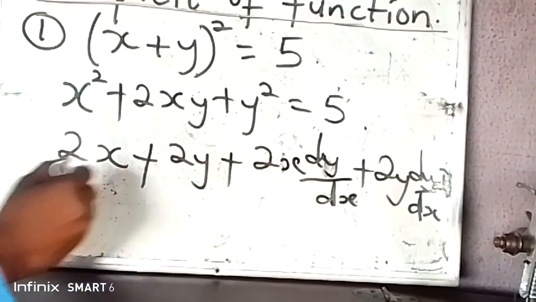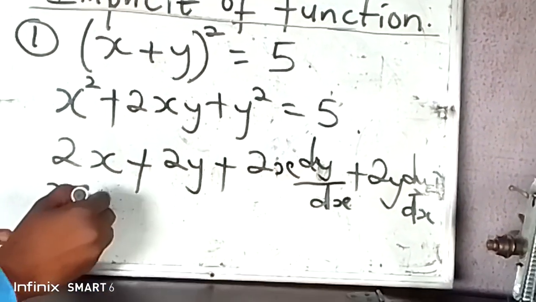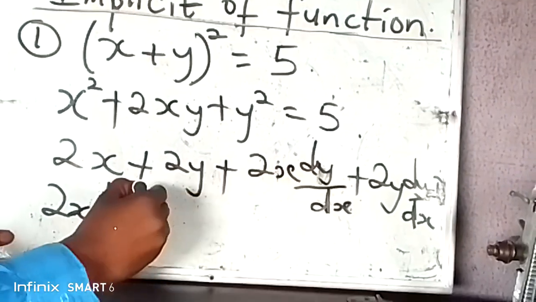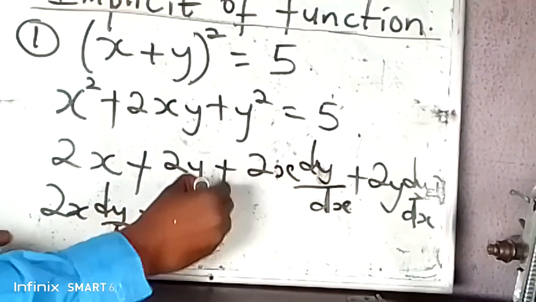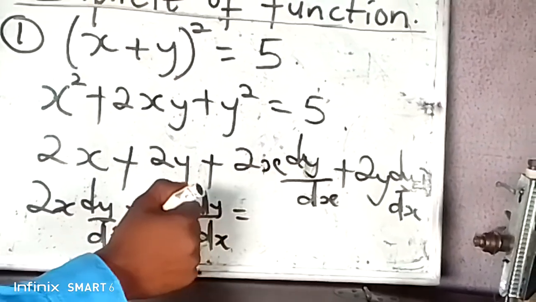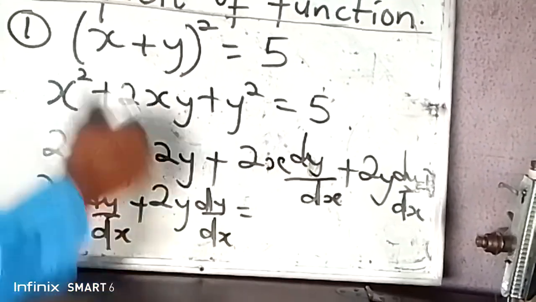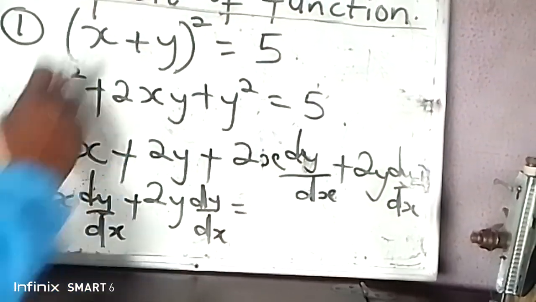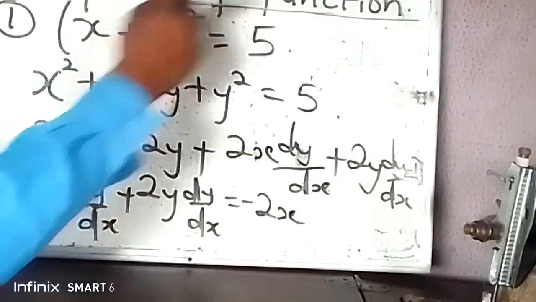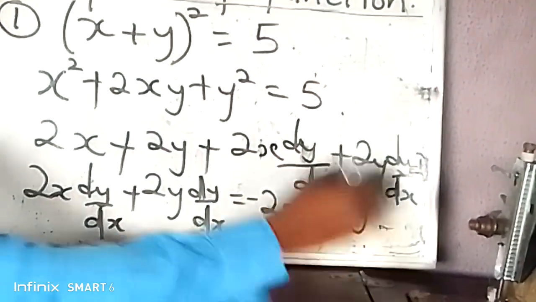This one has dy dx, that is 2x dy dx, plus 2y dy dx, because we are bringing those that do not have dy dx outside. So this one, when you take it outside, it's going to be minus 2x. When you take this 2y outside, it's going to be minus 2.